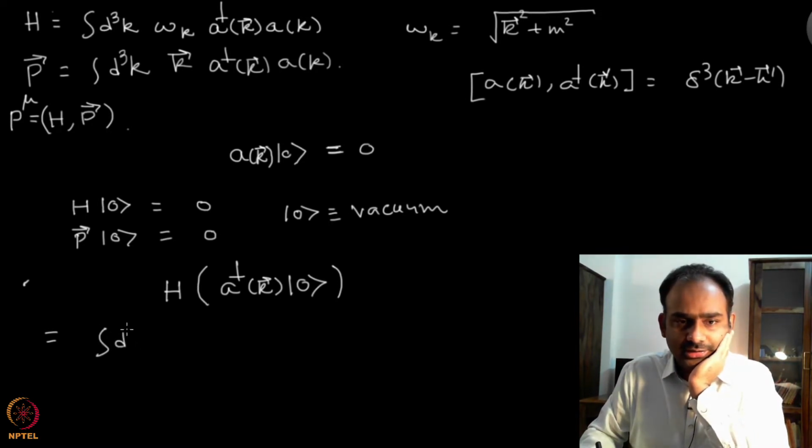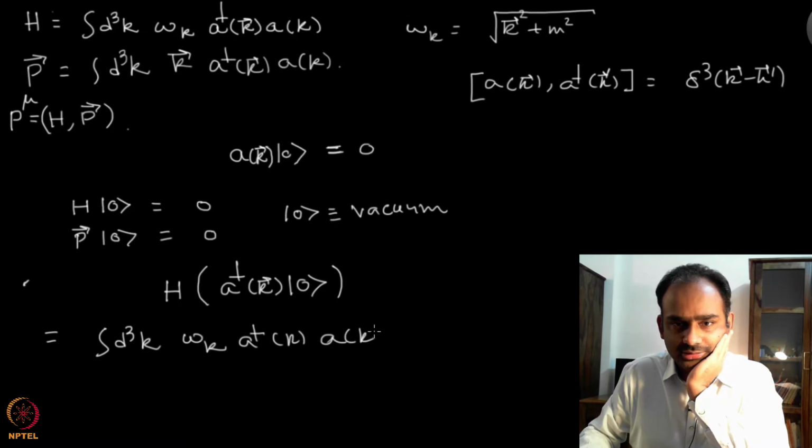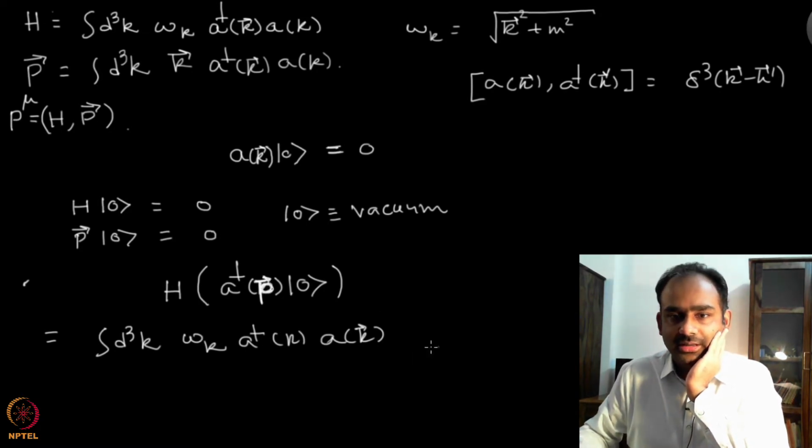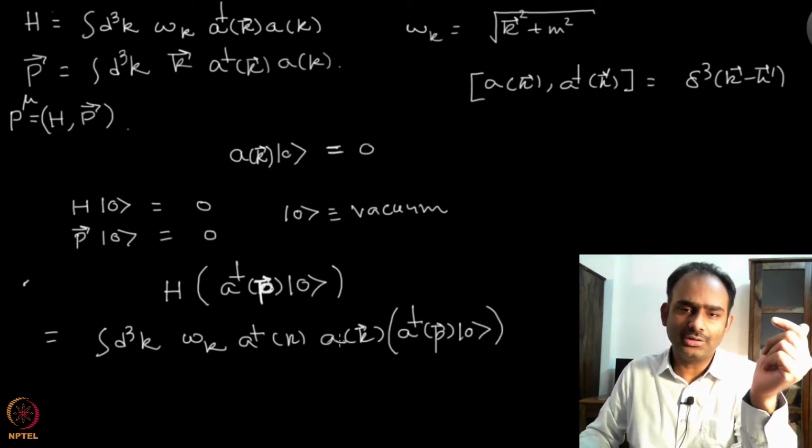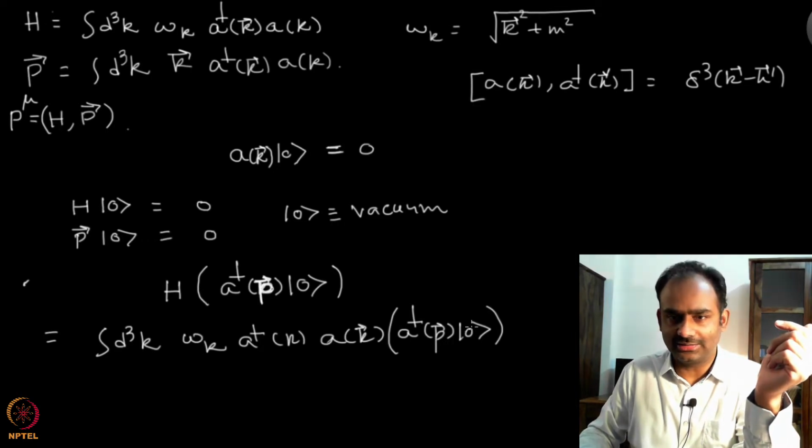So, I take the integral d cube k omega k, A dagger of k, A of k. Okay. Let me put here, instead of k, a p. Okay, otherwise it is not nice. And then you have A dagger of p acting on ket 0. Okay. So, that is the state you have. Now, what I want to do is bring this A to here, so that I can kill the vacuum, and in doing so I will pick up the delta function, delta cube k minus p.